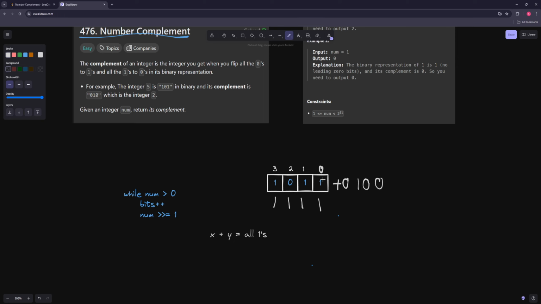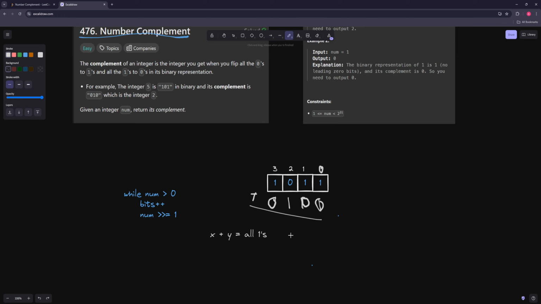Basically, if the bit is 1, it makes a 0, and if it's a 0, it'll make a 1. So when you add these together, every single one of these is going to add up to 1 and there will never be a carry. So this will be 1, 1, 1, 1.